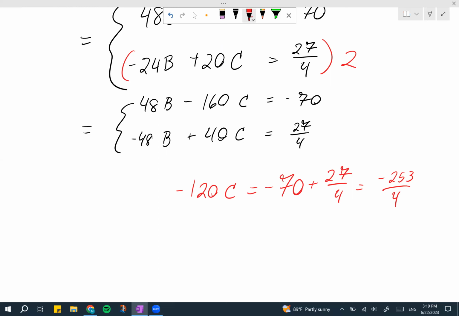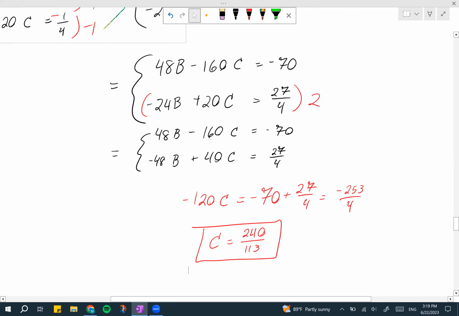Then when I divide by negative 120 on both sides, I'm going to get my c is equal to 113 over 240. This is my c. Alrighty. One of them's done.